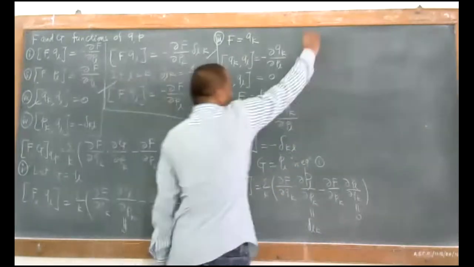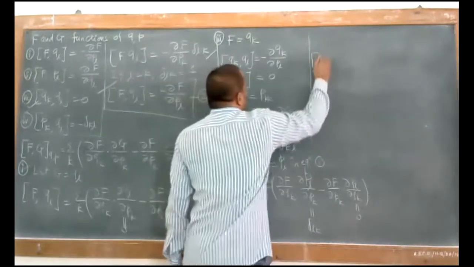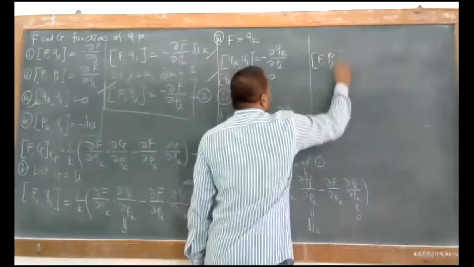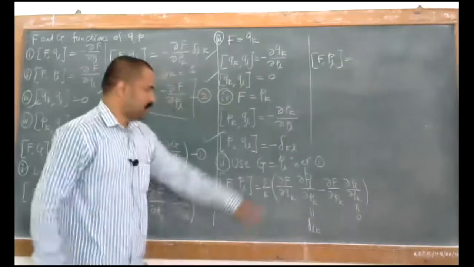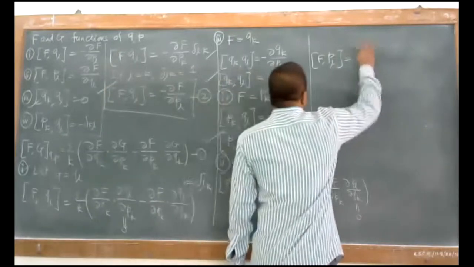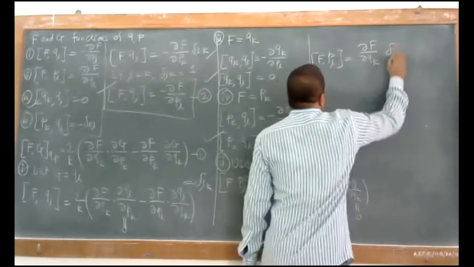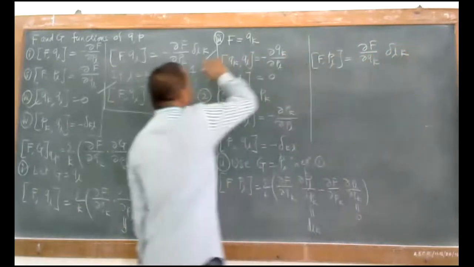So what can you write? You can write the Poisson bracket of F, PL is equal to ∂f/∂qk into delta lk. Again the same thing.